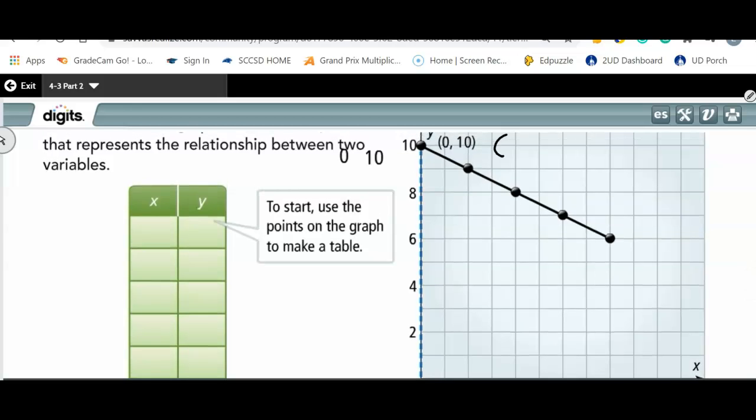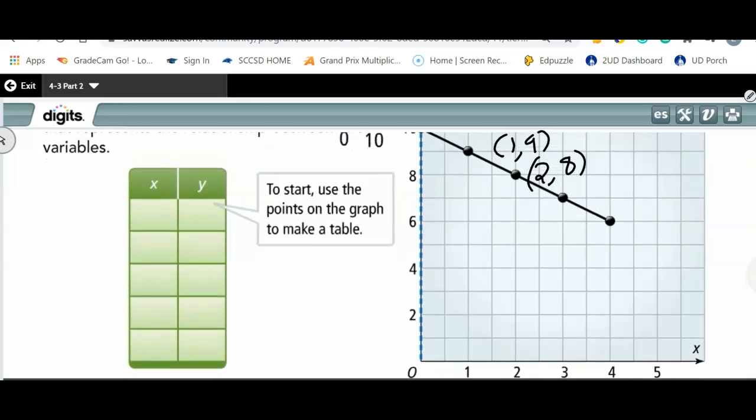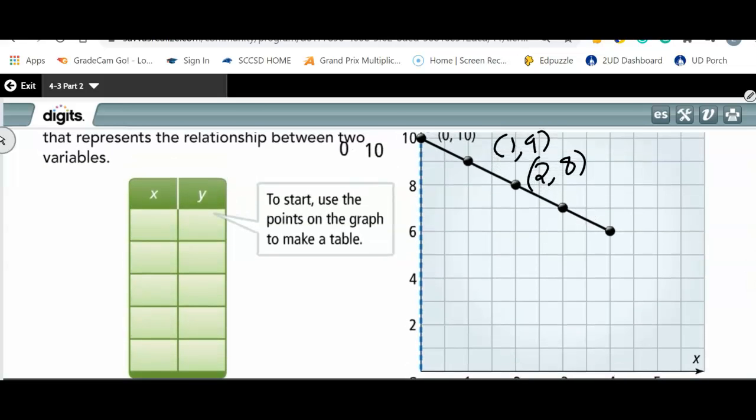Oh, 9. Good. 1, 9. What is this ordered pair? Hudson. 2, 8. And what's the next one? Tyson. 3, 7. And Lauren, what's the last one? 4, 6.